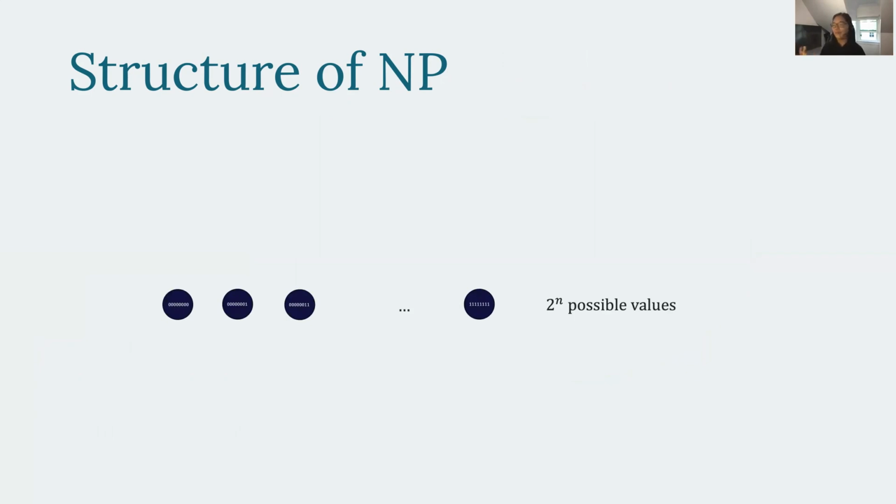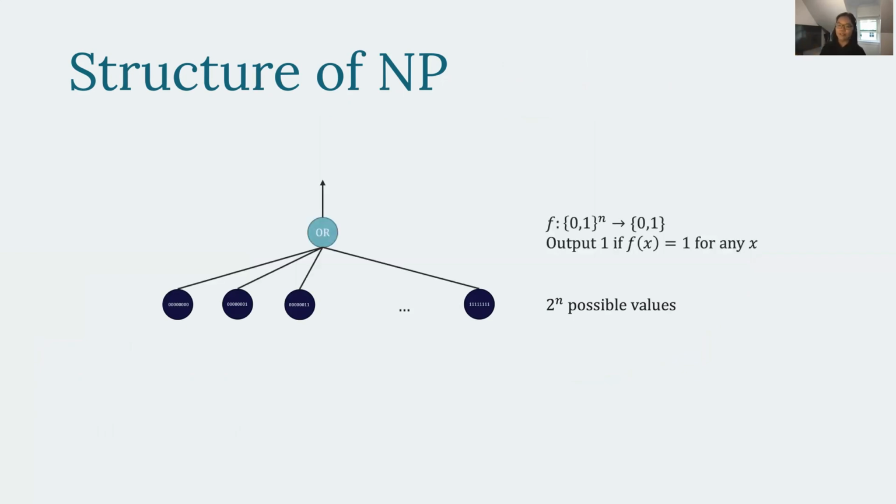One way to think about it is you're given 2 to the n possible inputs, and you just want to know if any of them will cause the function to output a 1. So you can think of NP as a giant OR gate over all the possible inputs, and if any of them cause your function to be 1, it will output a 1.